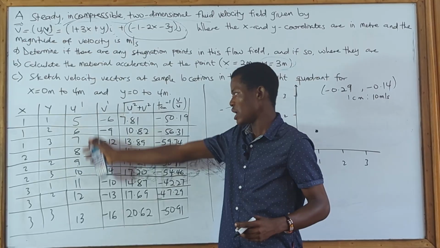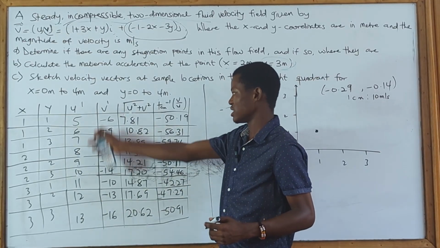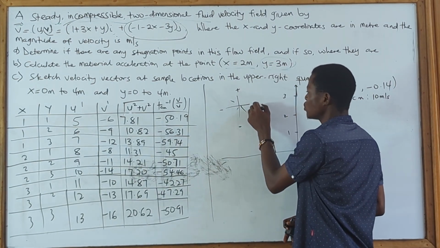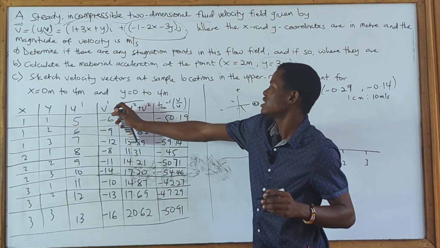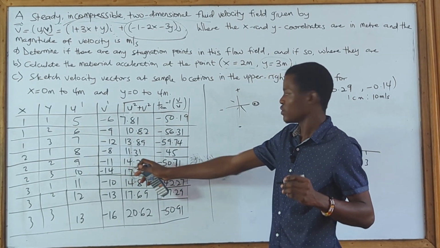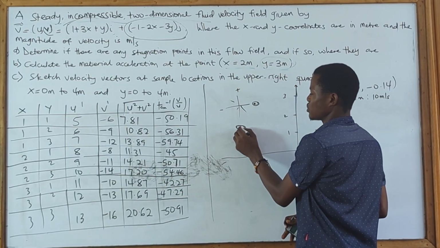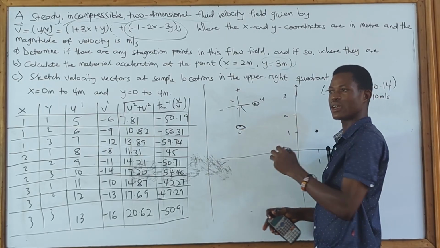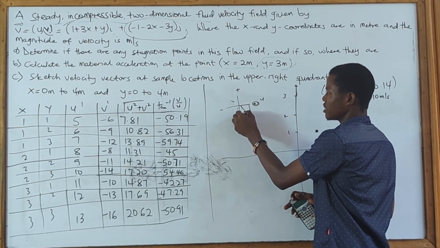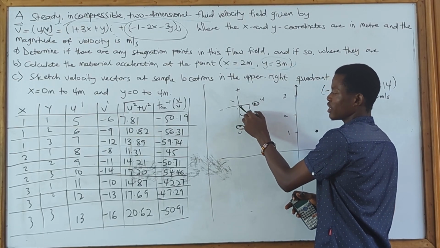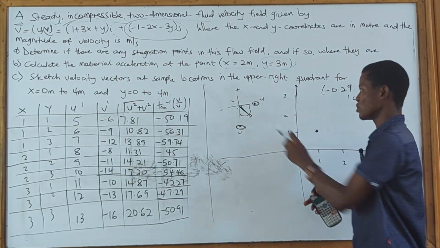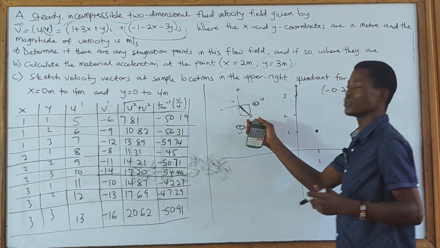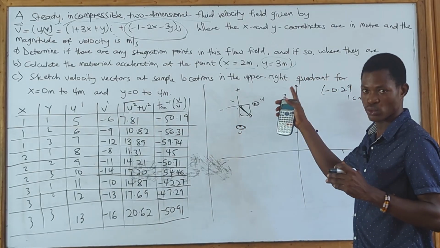So if you look at our data points, you can see that all the u's are positive, and all our v's are negative. So it means the direction would be here. So it will be directed towards this angle. You get it? So this is the direction in which the data points would be.